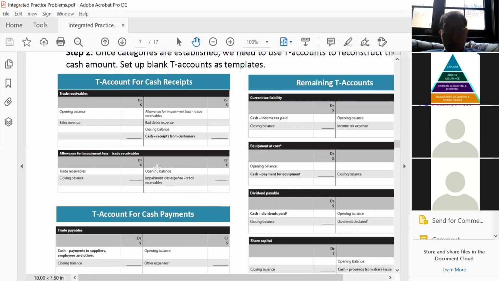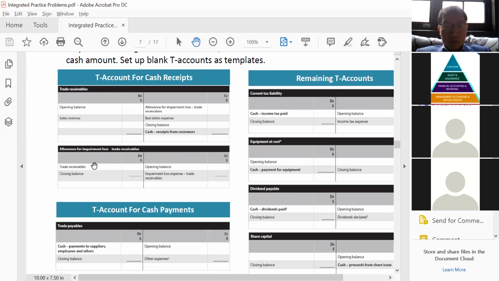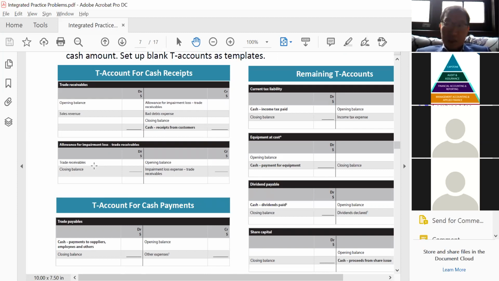So we know that the impairment loss T account is going to be related by what is the impairment loss expense. Okay, so any increase in impairment losses gets captured as a credit here. And then any amount that is actually written off is going to be captured in this debit side. Okay, and this is the trade receivables. So we work through this logic across all of the accounts that we identified in step 1.